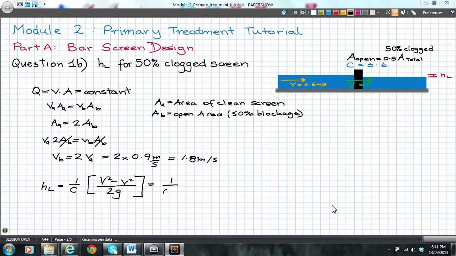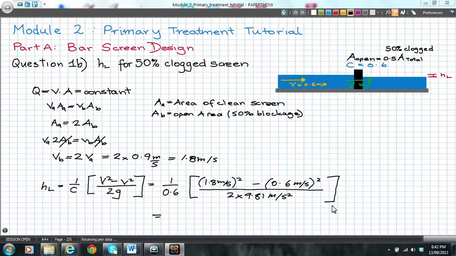So it's 1 divided by 0.6, times the pass-through velocity of 1.8 meters per second squared, minus the inflow velocity, which is the same at 0.6 meters per second, squared, and that is all divided by 2 times 9.81 meters per second squared.